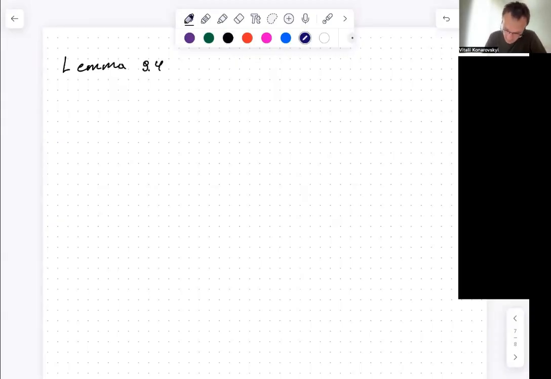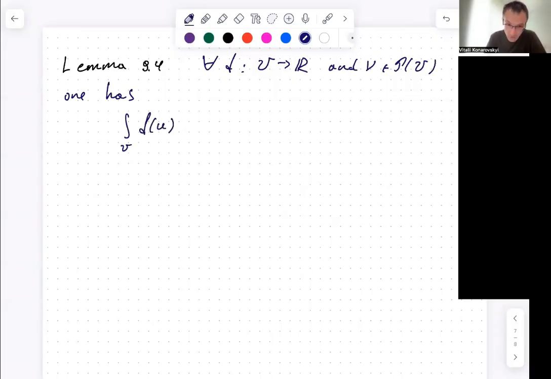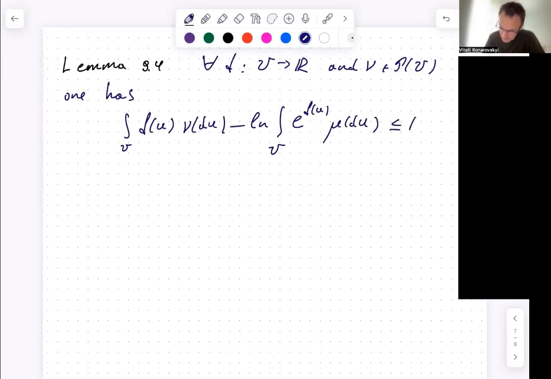For every f, a function from U to R, and nu, a probability measure on U, one has that the integral of f of u nu du minus the logarithm of the integral over U of e to the power f of u mu du is less or equal than the relative entropy.